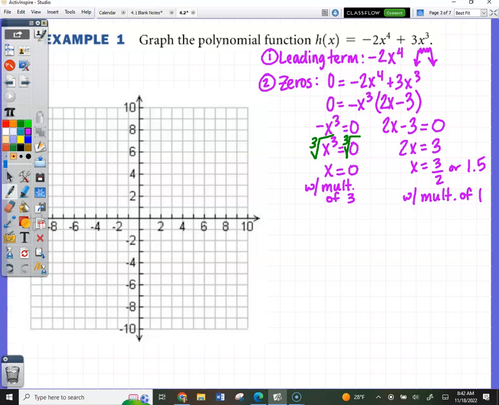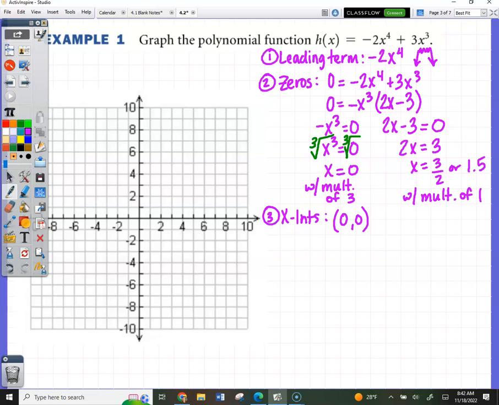Now the next part to graphing it is, once you've found your zeros, you're going to translate this to what's called your x-intercepts. So this part is the exact same answer as that step. It's just now we're going to write them as coordinate points. So we had right here, the 0 was the number 0, which is the coordinate point 0, 0, right?